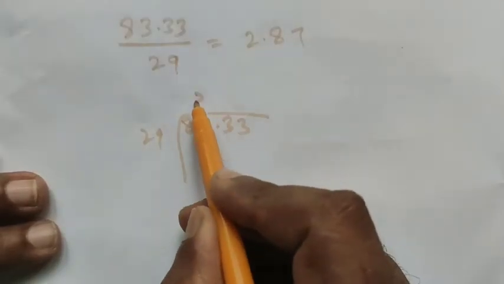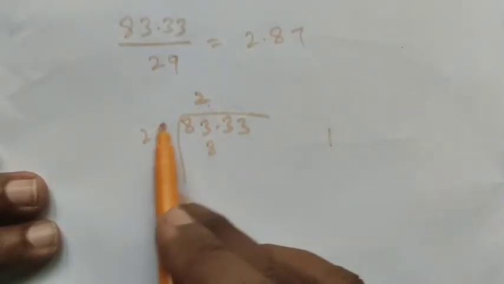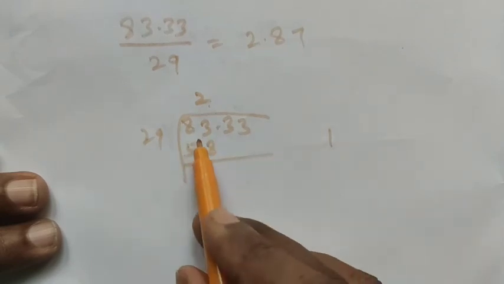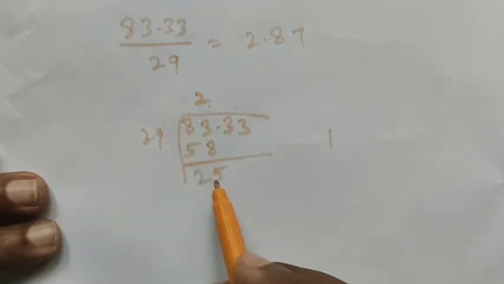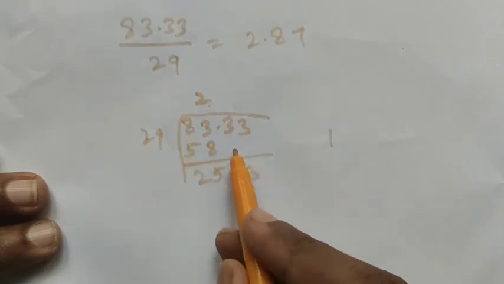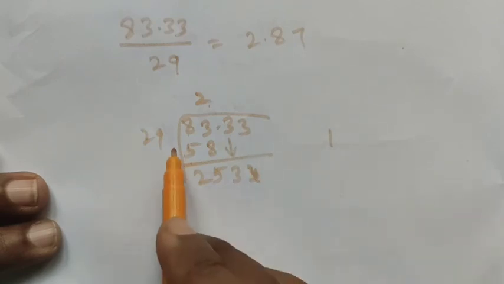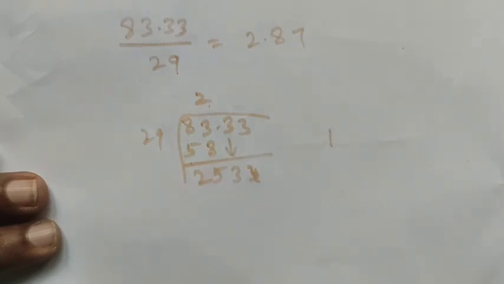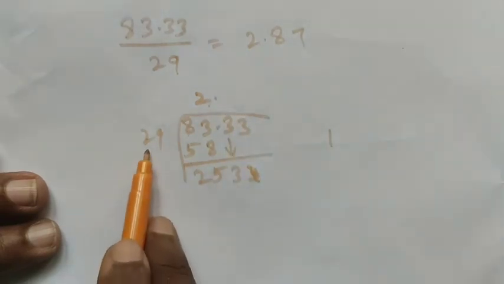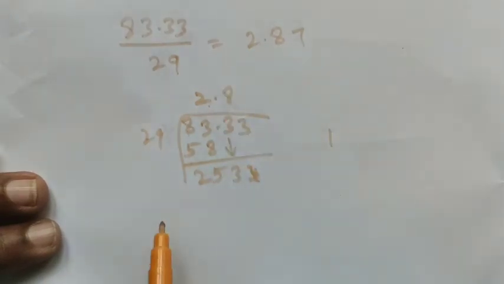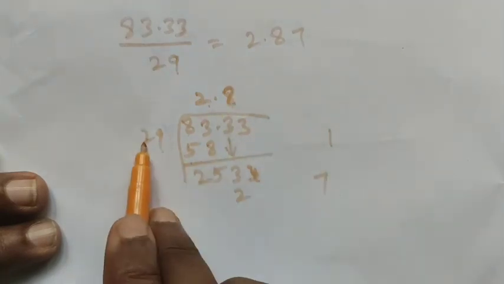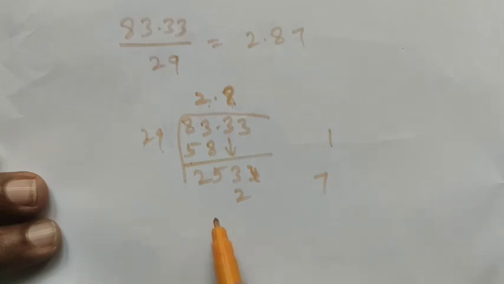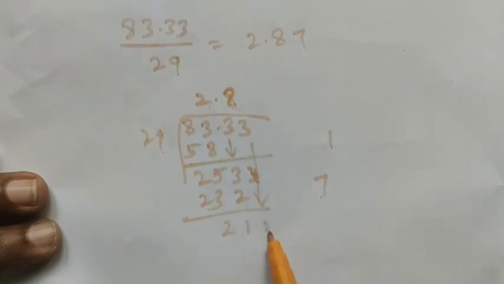Now dividing 83.33 by 29: 2 times 29 is 58, and subtracting we get 253. Then 253 divided by 29 is approximately 8 times. 8 9s are 72, 8 2s are 16, and subtracting we get 3.